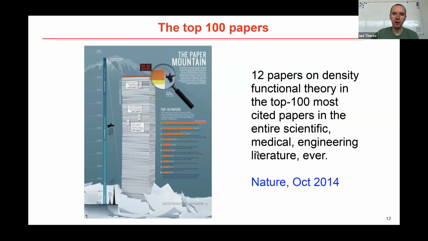If you take all papers published in different sciences, such as medical, engineering, literature, physics, chemistry, biology, and so on, and you take only one page of every paper and stack them, and then you zoom at the top. So you're curious, what are actually the most cited papers? Top 100. And you will see that 12 out of the top 100 papers are actually related to density functional theory. This is again showing you how important it is.